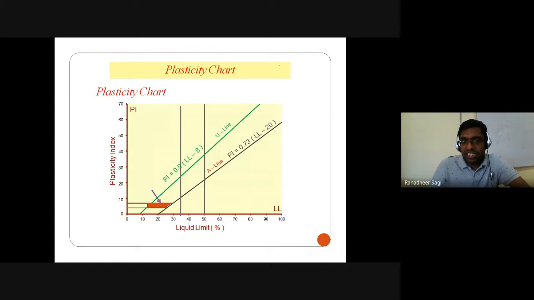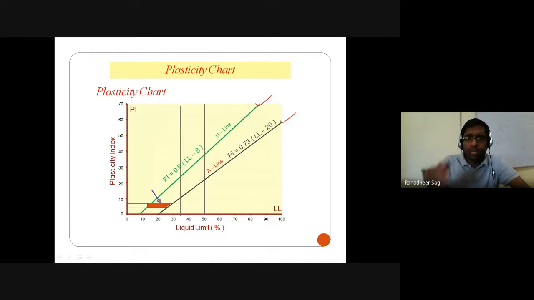In this plasticity chart given by Casagrande, you have two standard lines indicated. One is called the A line and the other line is called the U line. And the significance of this A line is for any data point that you calculate. Let's say, for example, you are given some particular soil.